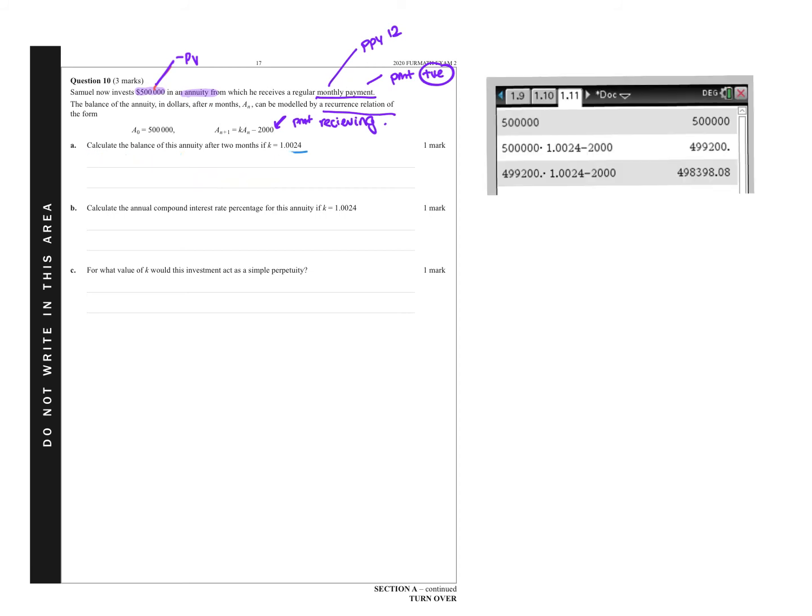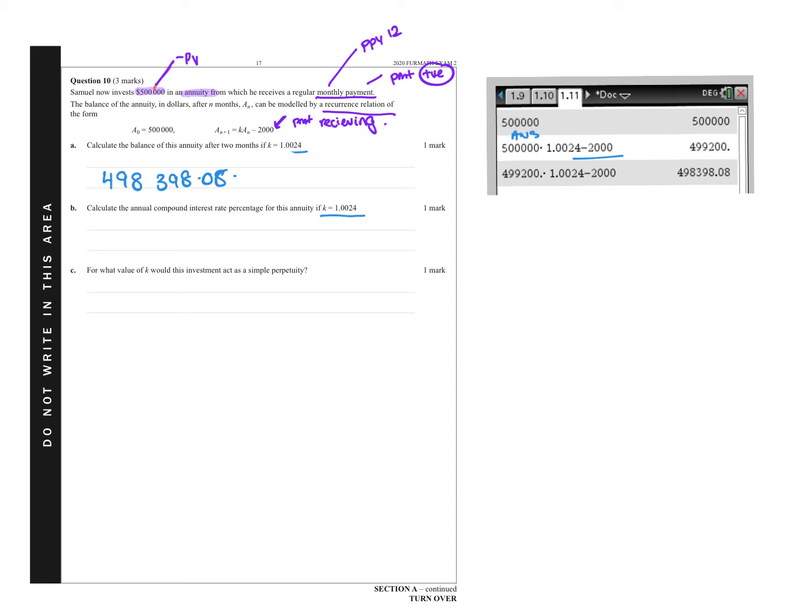Okay, so I've just done that in the calculator. Once you type that 2,000, it'll say answer and then you do that. So after 2 months, the total will be 498,398.08.